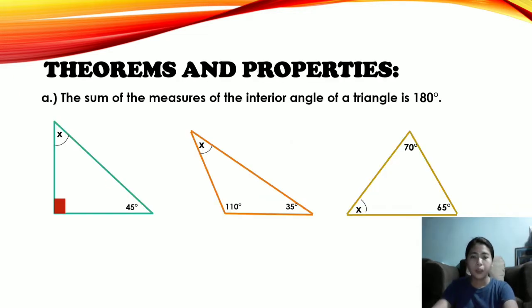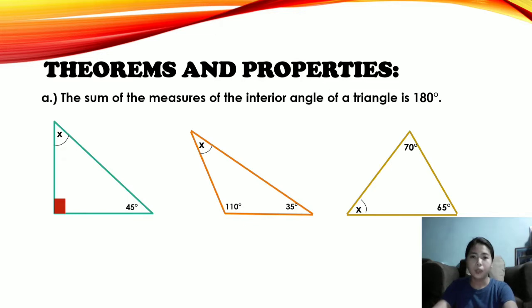So let's start with the theorems and properties of triangles. First, the sum of the measures of the interior angles of a triangle is 180 degrees. So if we get the sum total of the angles in a triangle, that is 180 degrees.